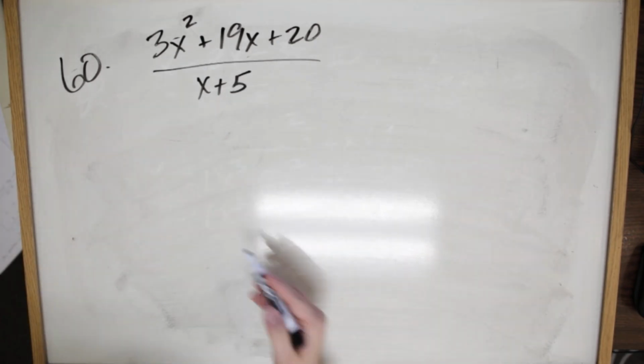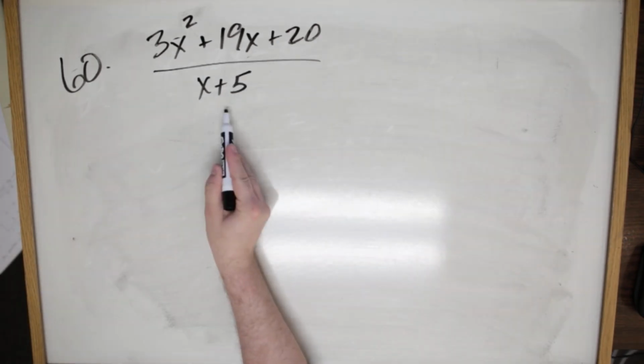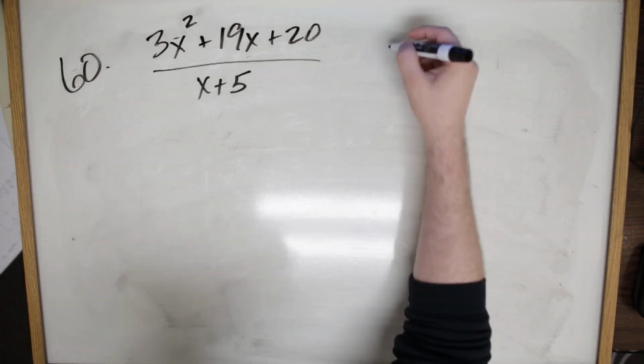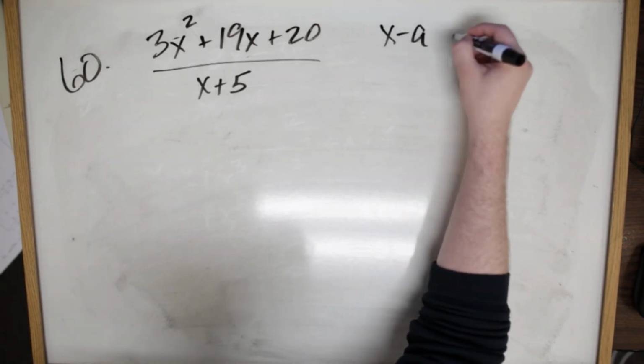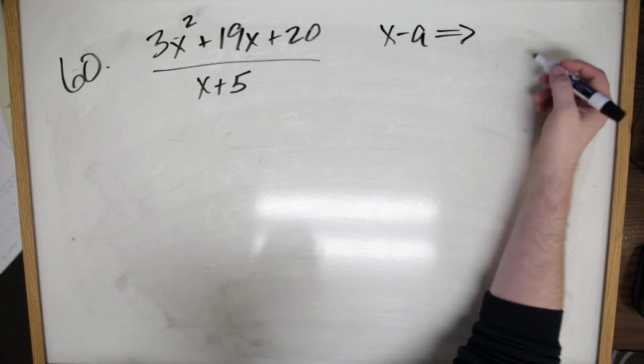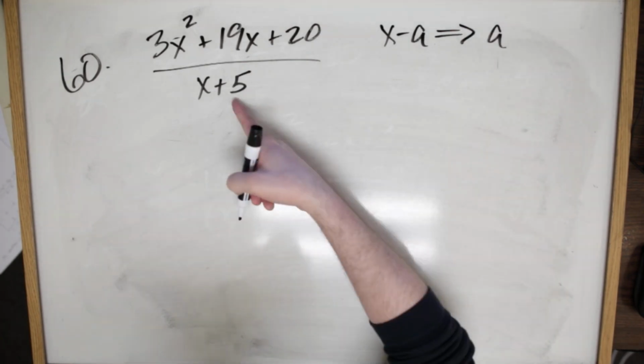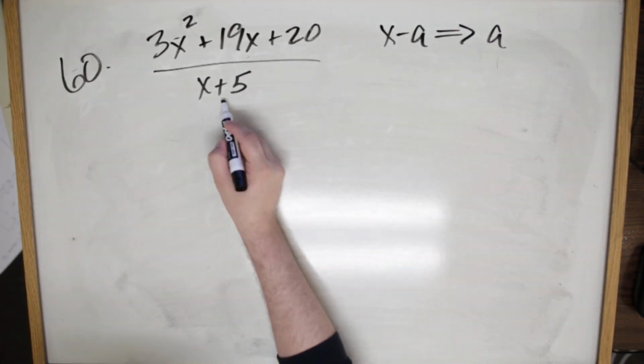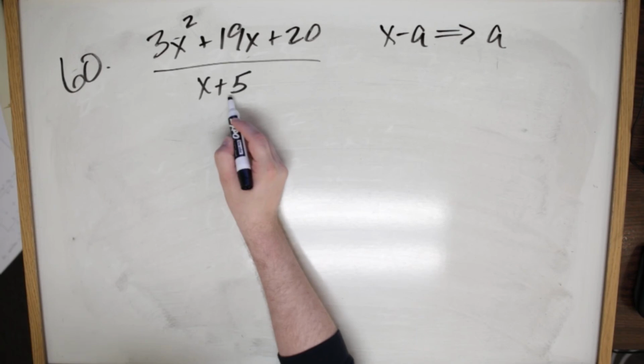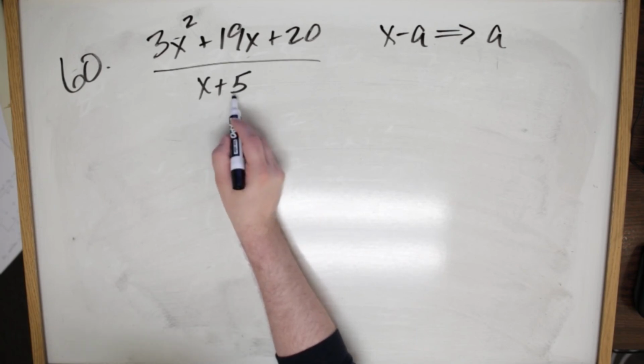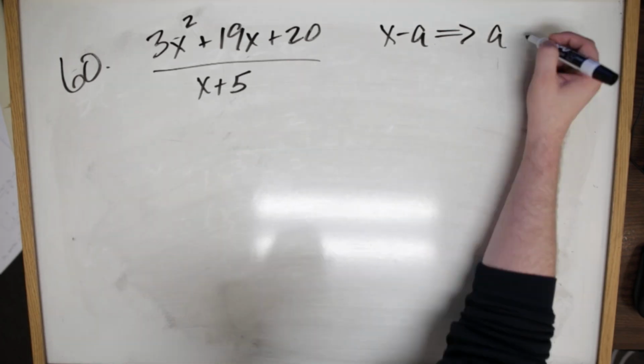Okay? So this matches the criteria for x minus a. So x minus a implies that a, in this case, is going to be, notice it's a minus. So if it's a positive coefficient right there, it's going to ultimately mean that a is negative.